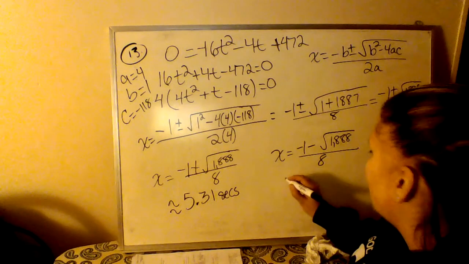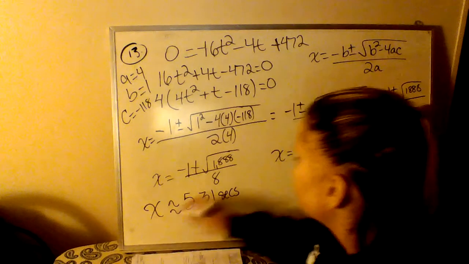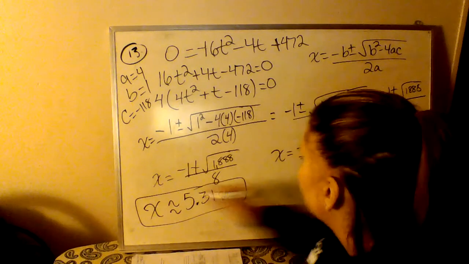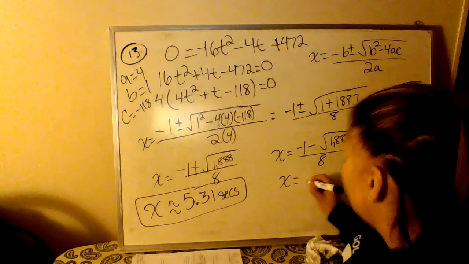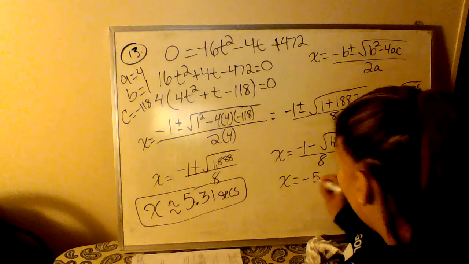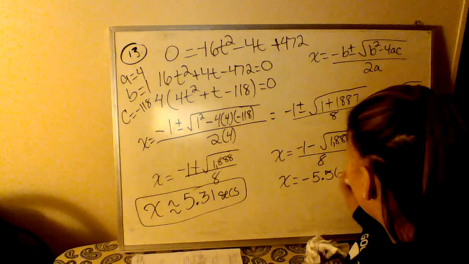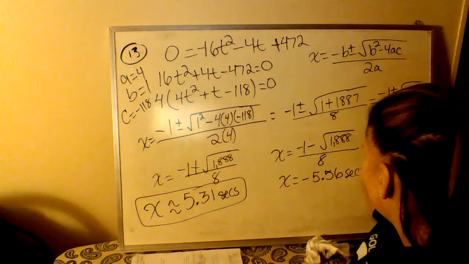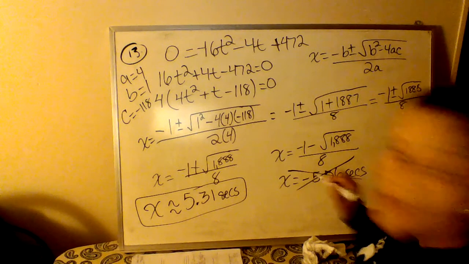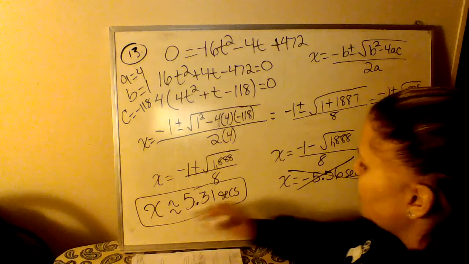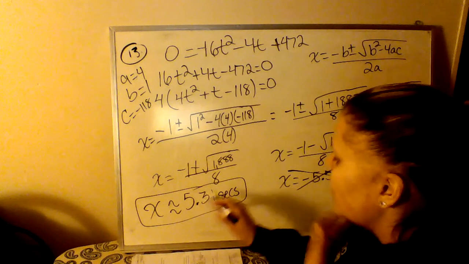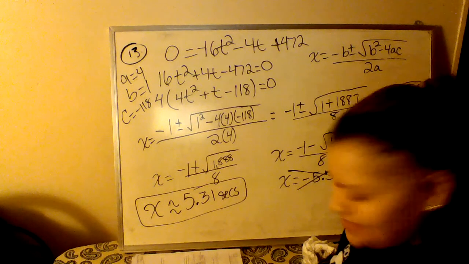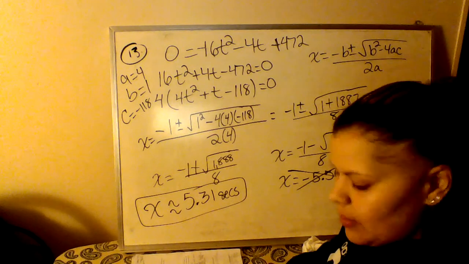And then this other one will be negative 5.56 seconds. And it can't be this one because it's negative. So ultimately x is going to be about 5.31 seconds. So that's both A and B for number 13.